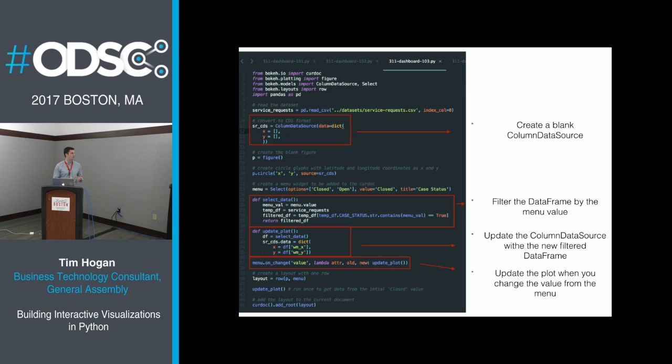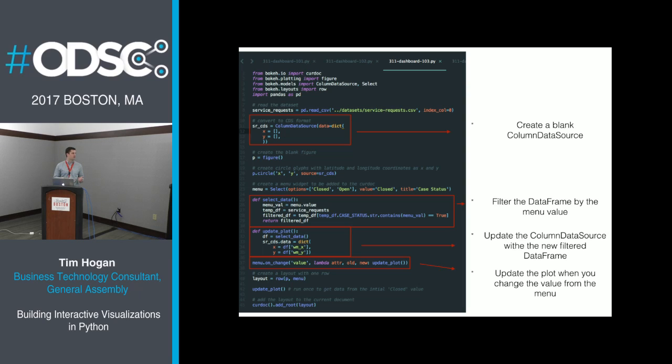At this point, we're passing through X and Y coordinate values based on the filter we've already created up here of the menu value. So it should be X and Y coordinate values for only items that have the menu value of closed, or only the items that have the menu value of open.